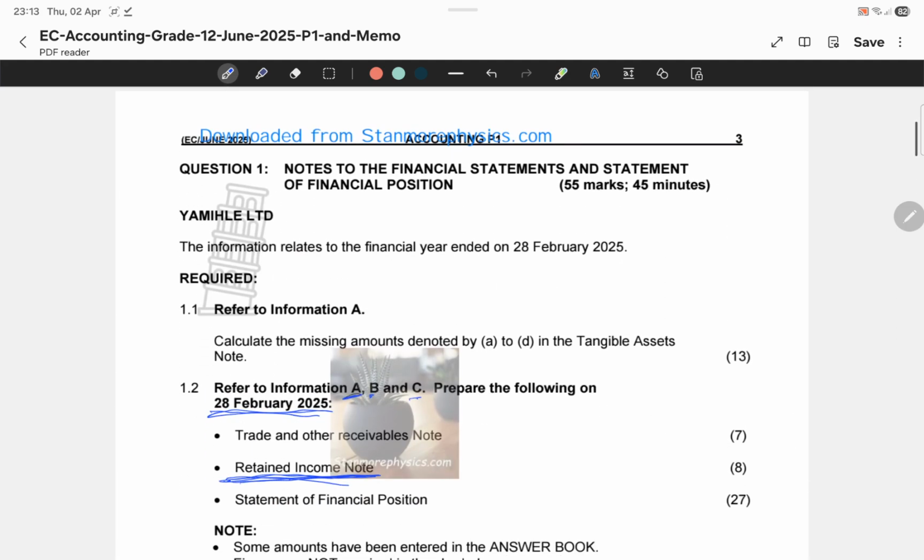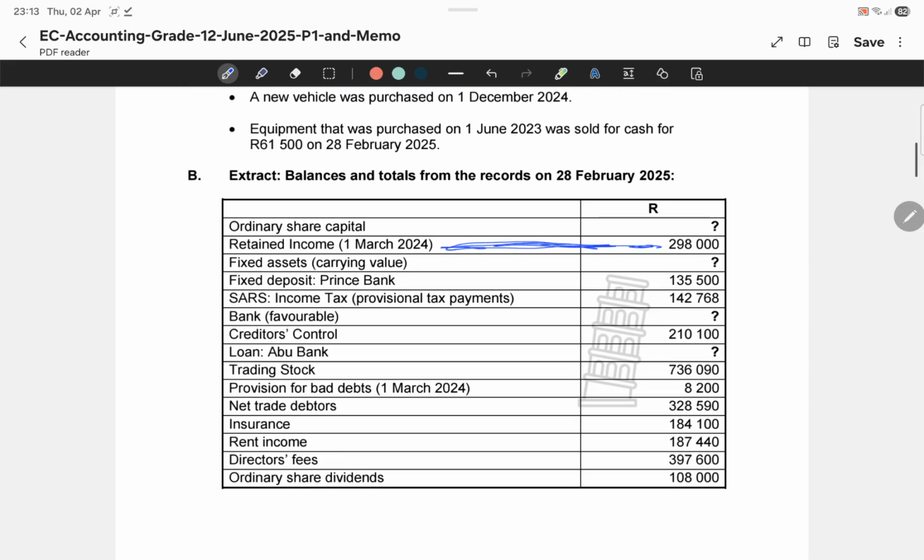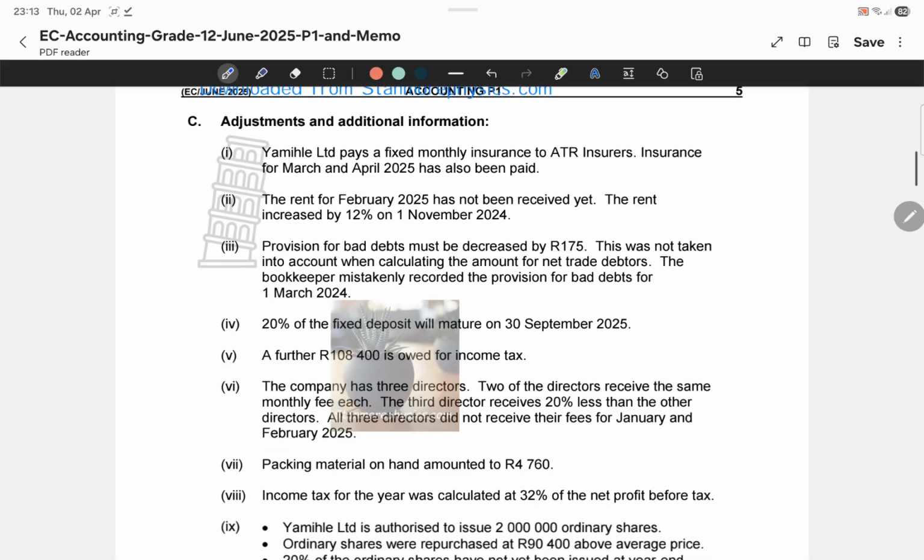So they told us that the year ended on 28 February 2025, so we already know that the year started on 1st March 2024. Usually the trial balance shows balances at the end of the year, but here on the retained income, they emphasized inside the brackets that the amount you see here is for 1st of March 2024, the beginning of the financial year. Okay, now let's get to the transactions.